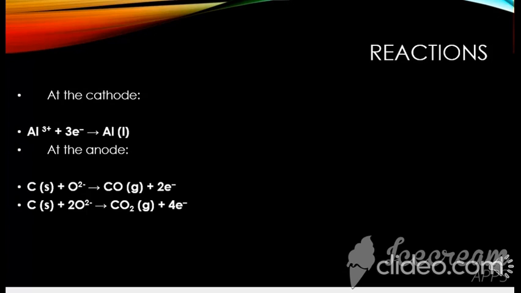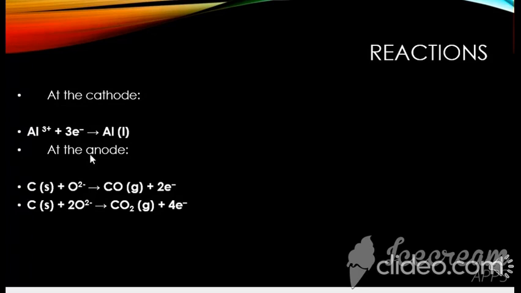At the cathode, aluminium in the form of Al3+ ions reaches the cathode, gets 3 electrons and is reduced to aluminium.